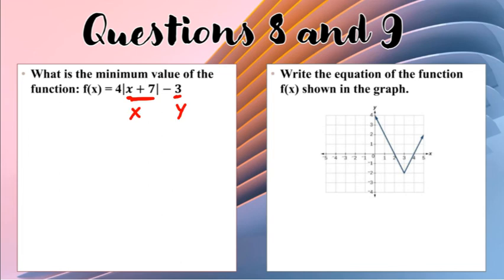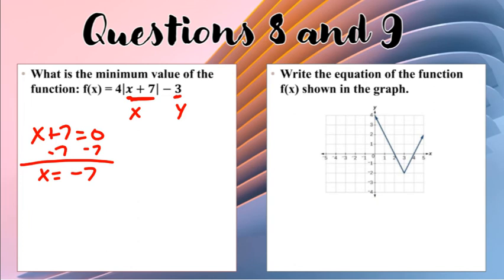So remember, we can take x plus 7, make that equal to 0, because we need to know, is it going to the right or to the left, is the shift. If I subtract 7, I would have x equaling a negative 7. So this one, x is going to the left 7. So we go to the left 7, so that's at negative 7.